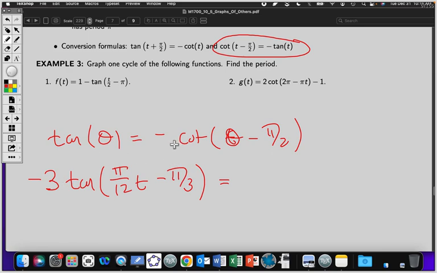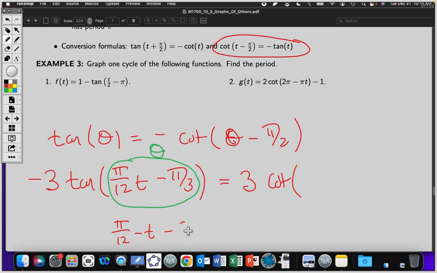So if I'm thinking of this whole thing here as my theta, I could subtract pi over 2 off of that and then make it negative. So making it negative would make that a 3 cotangent of, and I'd have negative pi over 12t minus pi over 3 minus pi over 2.